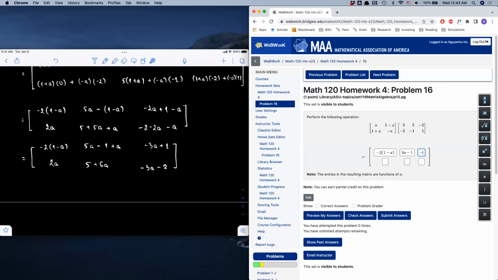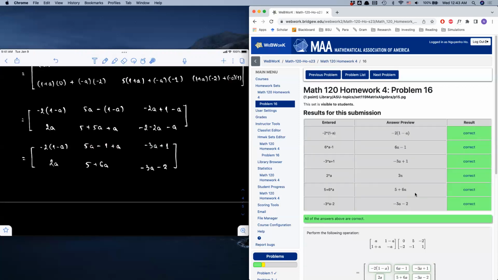The third entry is negative 3a plus 1. Next entry is 2a, then 5 plus 6a, and then negative 3a minus 2. See what happened here. All right, so everything is correct.